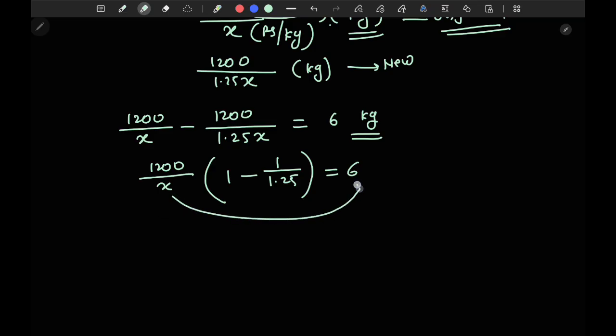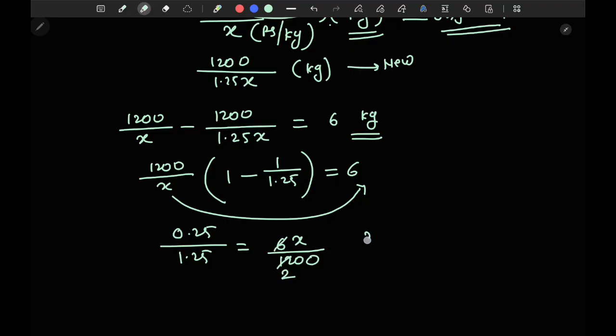I'll try to take out all these values here and simplify. So 1.25 minus 1, it's 0.25, sorry. So 0.25 divided by 1.25 equals 6x divided by 1200. I have to find the value of x only. So 6 twos are, okay, this is 200.